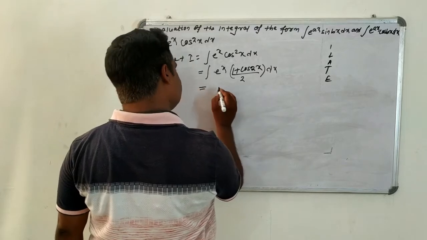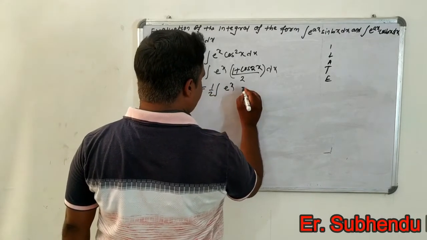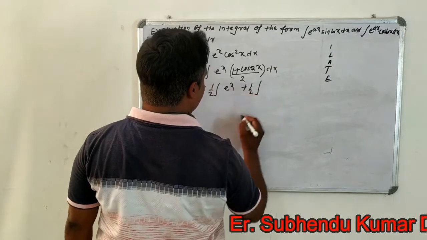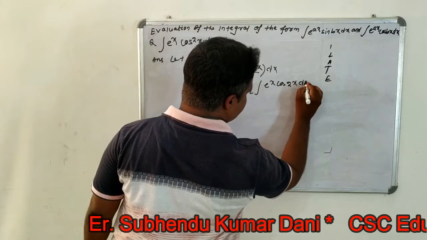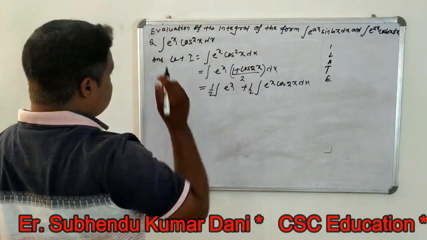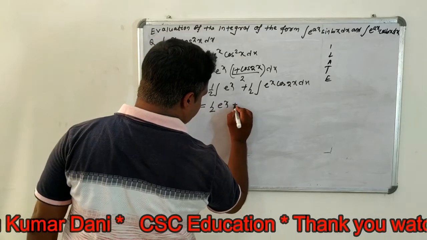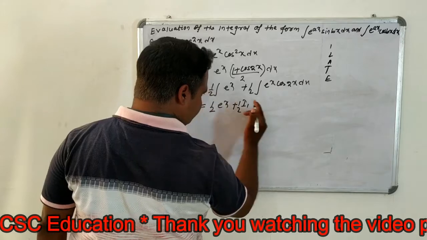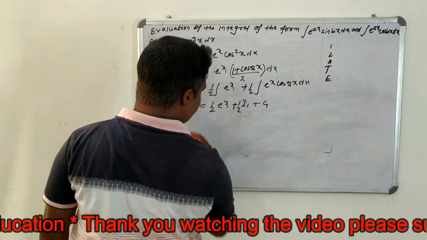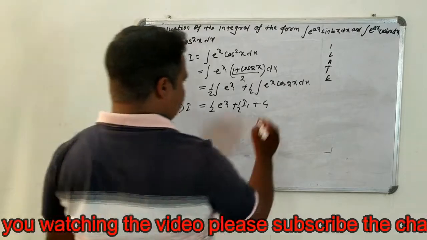Now this value equals the integration of e^x, with 1 by 2 as common factor, plus 1 by 2 as common factor, the integration of e^x cos 2x dx. Okay, so now this equals half of e^x plus I1 times half plus C1 as the constant, suppose I1 is the factor. Okay, alright, this is equation 1.